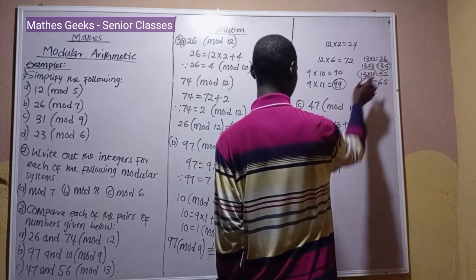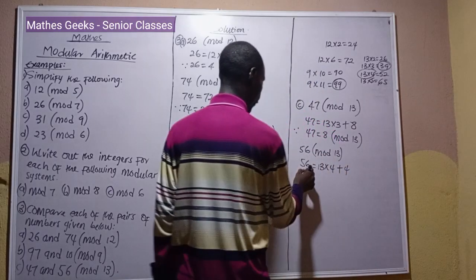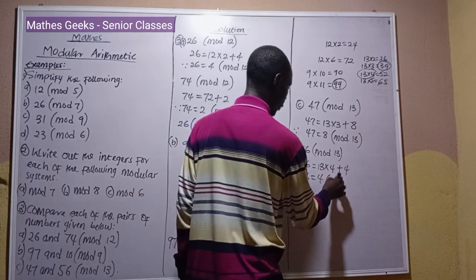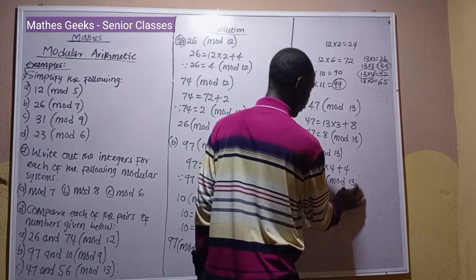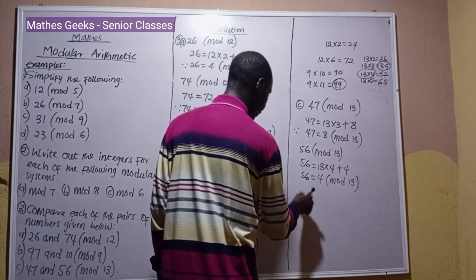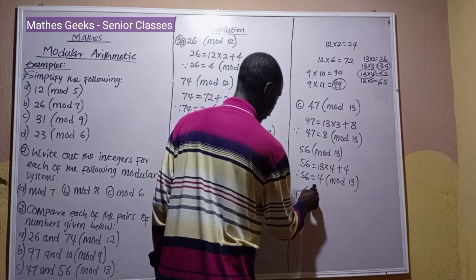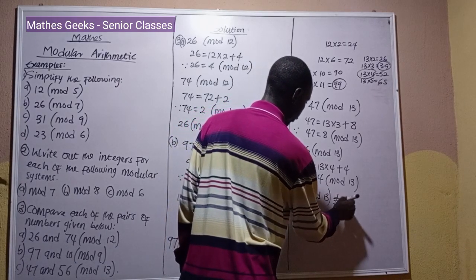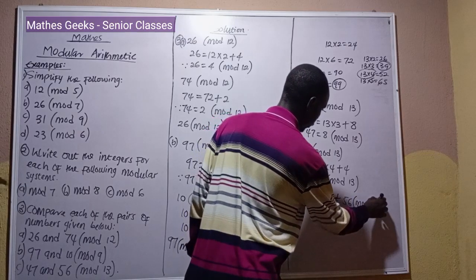What will be added to 52 to get 56? That would be 4. So 56 is equal to the remainder 4 in mod 13. Okay. So when we compare, we see that 47 in mod 13 is not equivalent to 56 in mod 13.